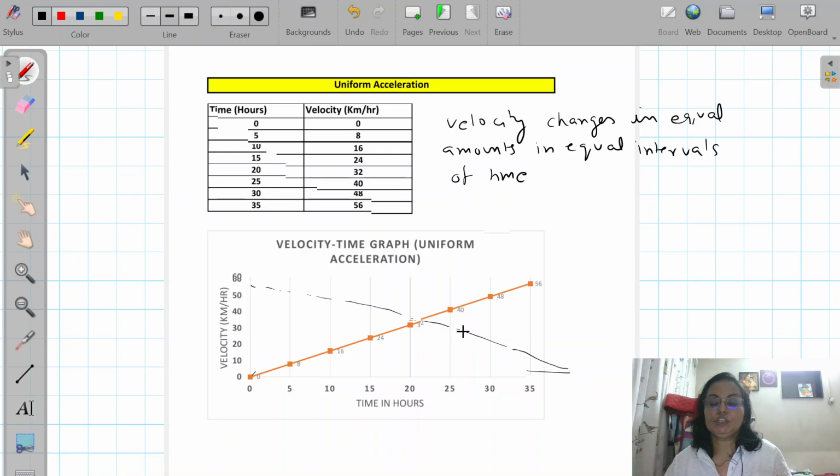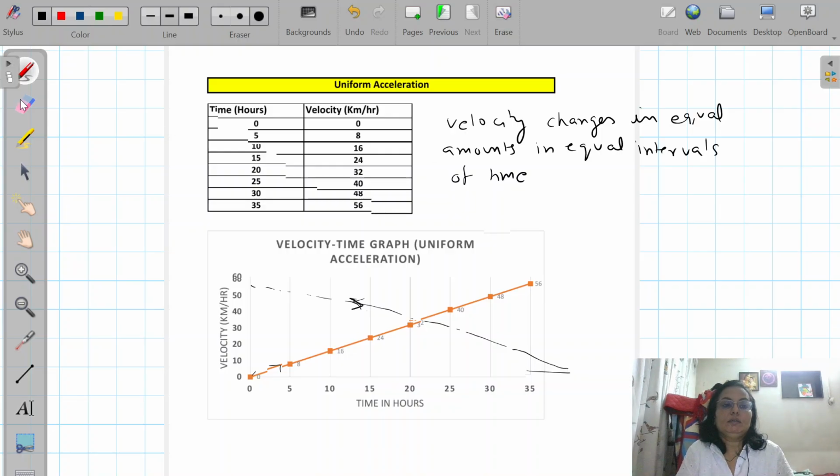It is called negative acceleration or retardation, whereas this line is positive acceleration. The direction of positive acceleration is that of the velocity, whereas the direction of negative acceleration or deceleration is opposite to the direction of velocity. So if the body is moving with a constant velocity or uniform velocity, we say it has zero acceleration.